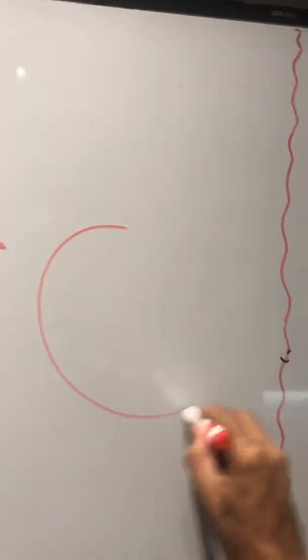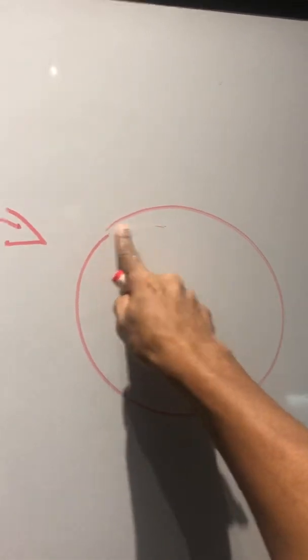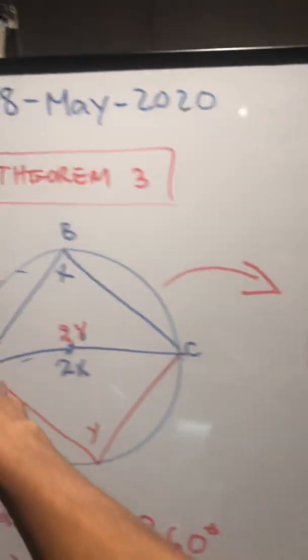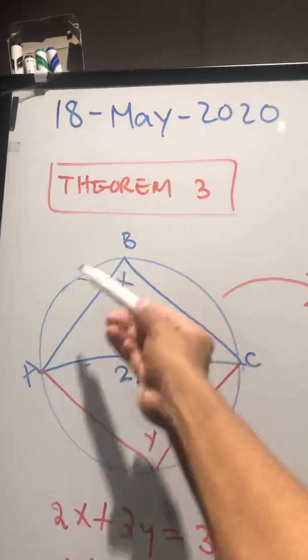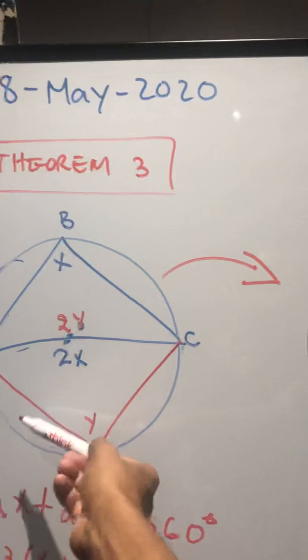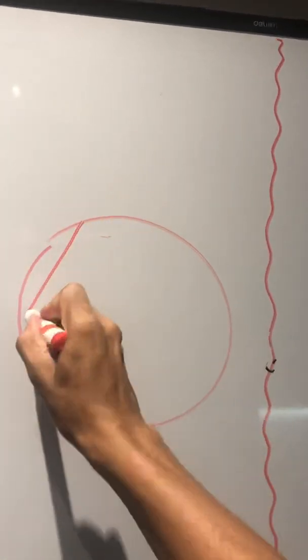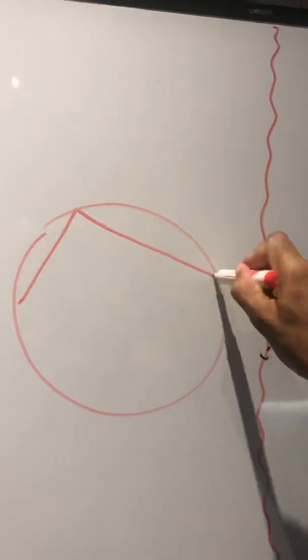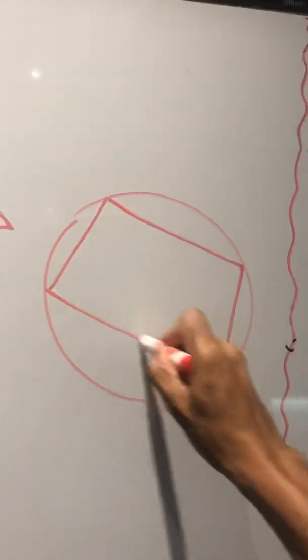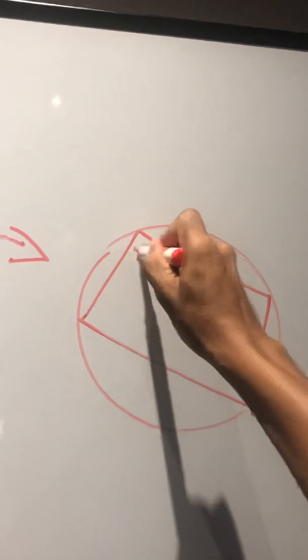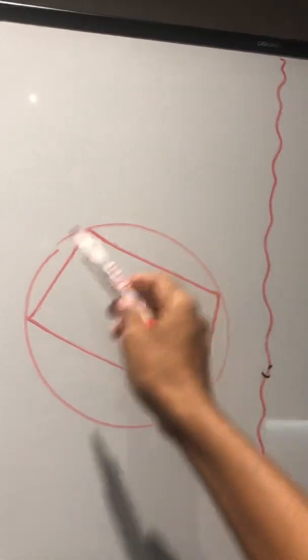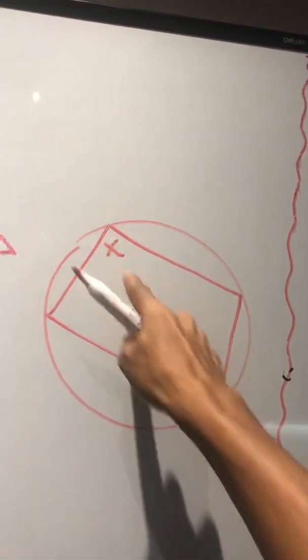Now our new theorem will be, now this is a four-sided shape. It's a quadrilateral. So that means if we have any quadrilateral, so you have x, you have y, that's a quadrilateral, and these are opposite angles.